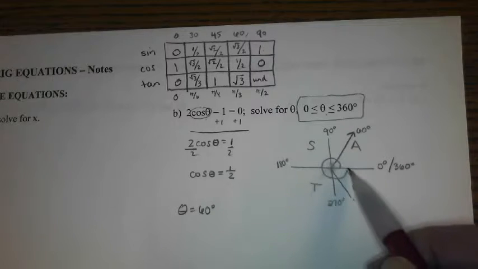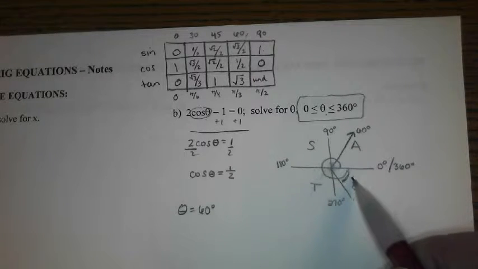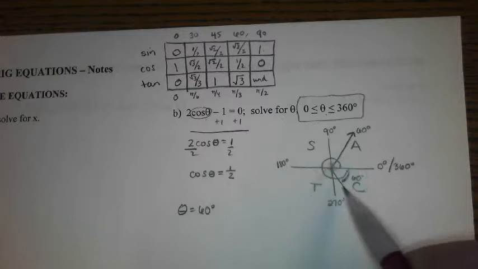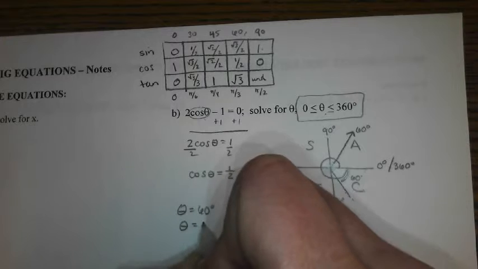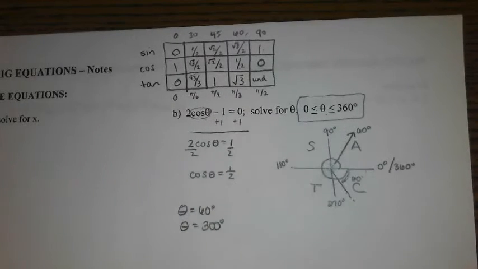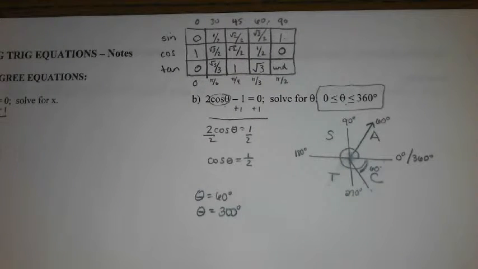Our reference angle is right here. That's 60. So if the full circle is 360, we have to back it up 60 degrees. 300 it is. Follow? So there are two answers. Theta equals 60 degrees or theta equals 300. Good?